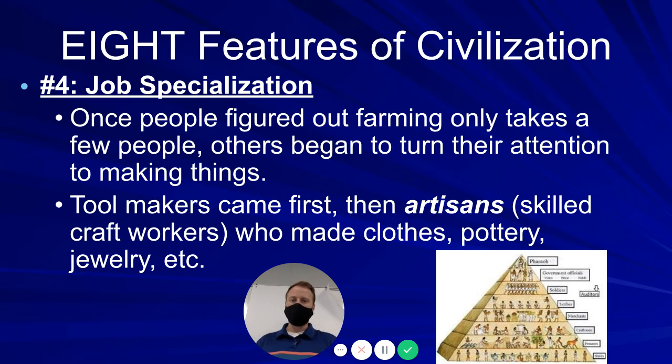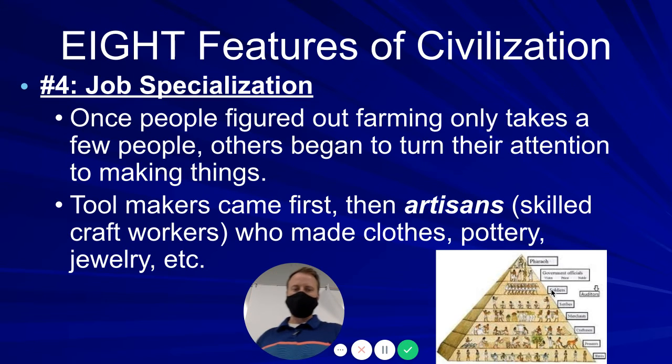So once people figured out farming, only takes a few people, they can turn their attention to making other things. So the big idea here is they began to work on other items other than farming. They can make tools. They become artisans. So tool makers, artisans.